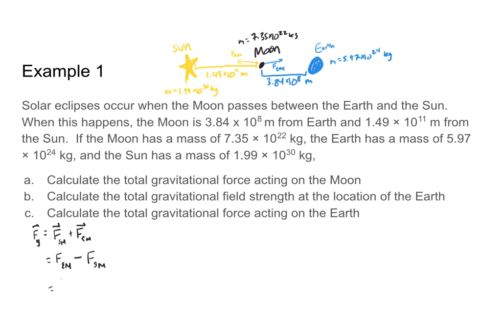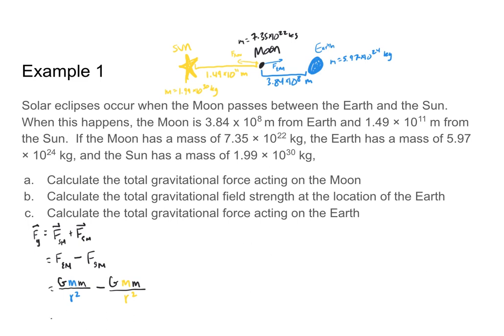So this is equal to the gravitational constant times the mass of the Earth times the mass of the moon divided by the distance from the Earth to the moon squared, minus G times the mass of the sun times the mass of the moon divided by the distance from the sun to the moon squared.